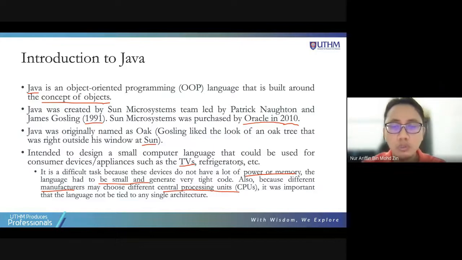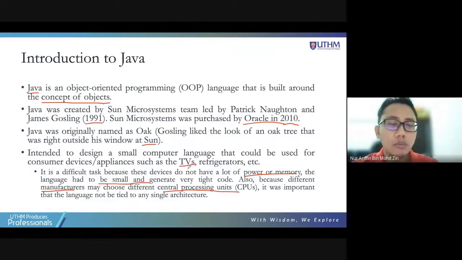Let's say Sharp uses an x86 processor, and another brand, for example Toshiba, uses an ARM architecture processor. x86 and ARM are using different architectures. So we cannot simply use, for example, C. We can't use C on both platforms.